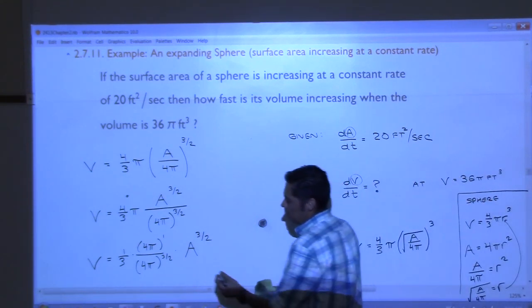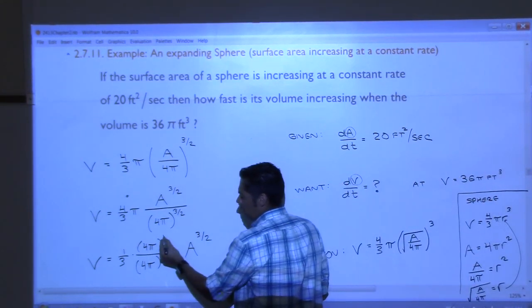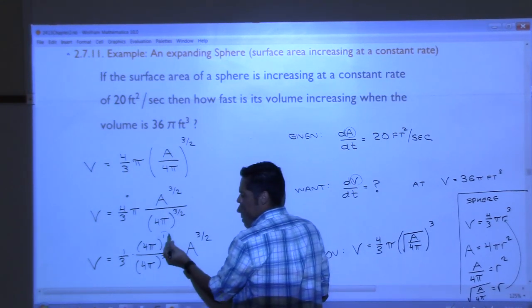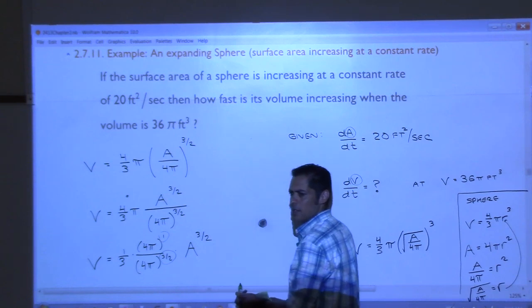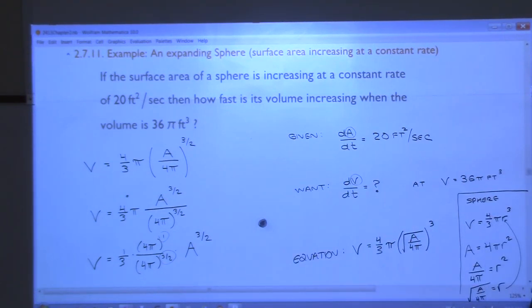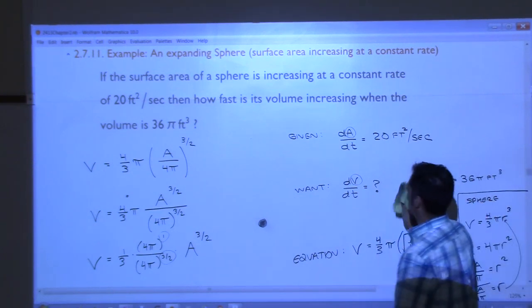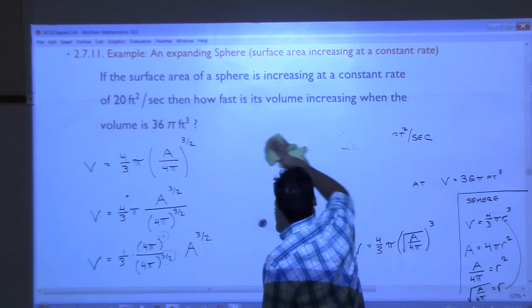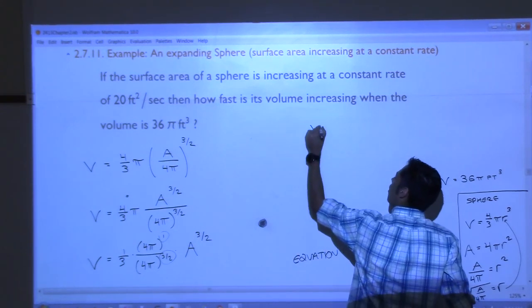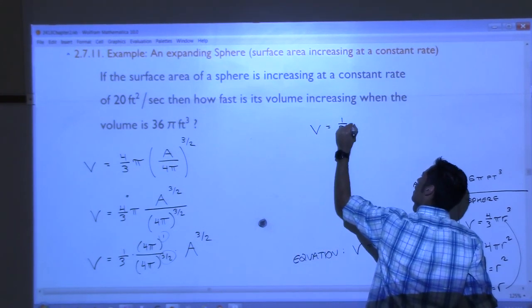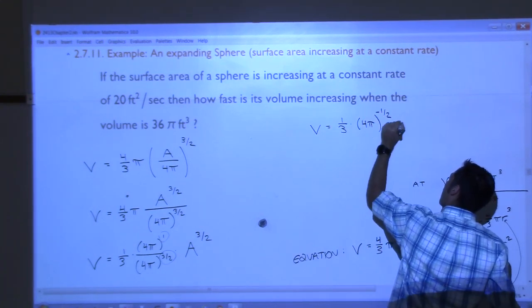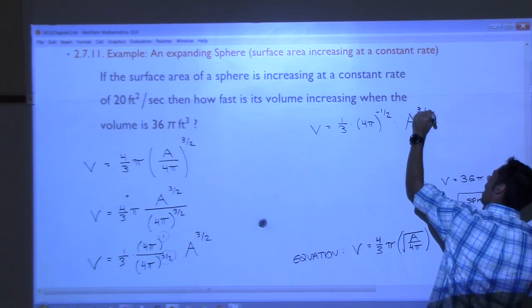Now, what is 4 pi to the first power over 4 pi to the 3/2? You're supposed to take this exponent and subtract this, right? So that's really 4 pi to the negative 1/2? Yeah. Negative 1/2? Let me continue. So we have volume equals 1/3 times 4 pi to the negative 1/2 times a to the 3/2.